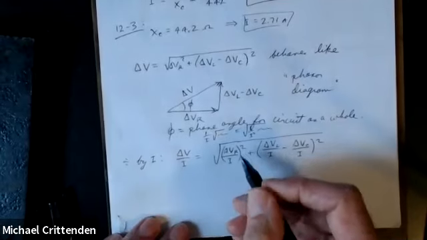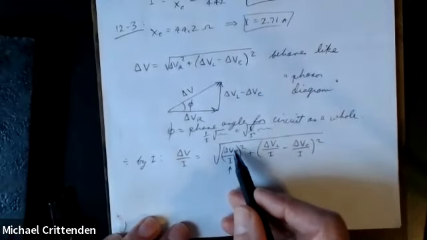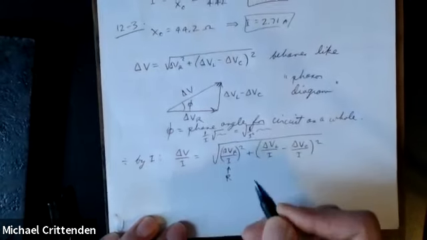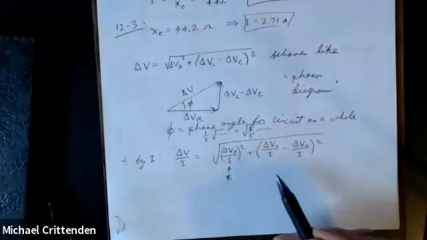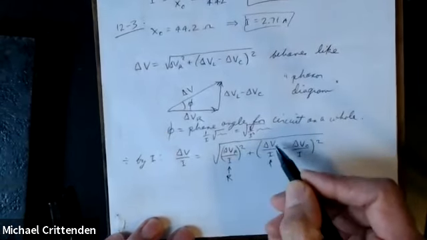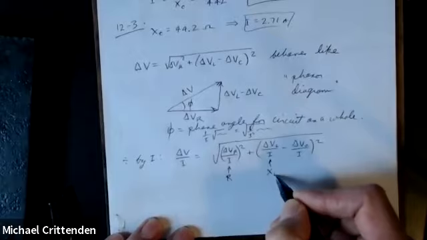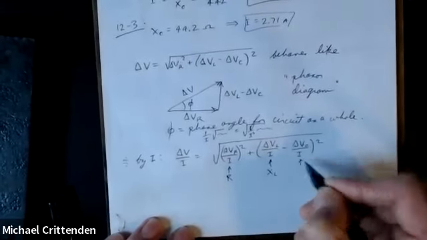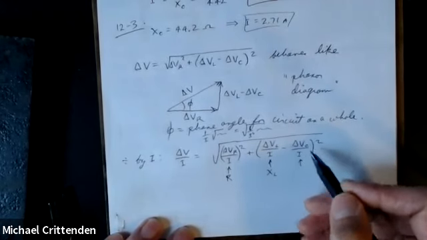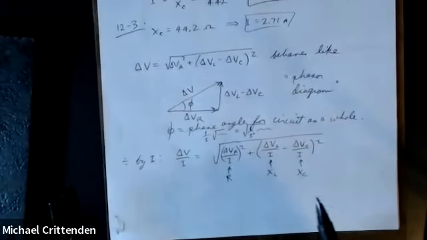Well, the voltage across the resistor divided by the current, that's Ohm's law, R equals V over I. Likewise, for the inductor, the volts divided by the amps is how many ohms you've got from the inductor, and the volts divided by the amps for the capacitor is how many ohms you've got for the capacitor.